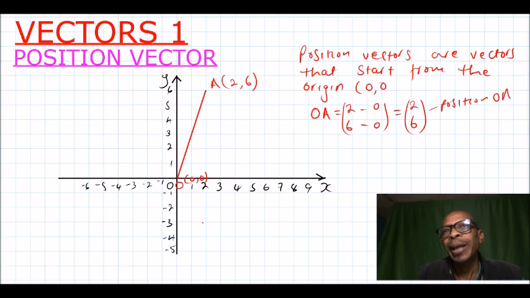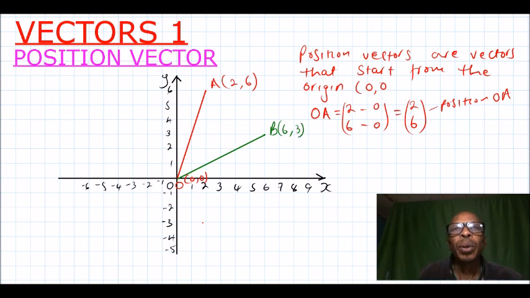If we pick another point, we say this is our B. Then we join the origin to B. The coordinates here are 6 and 3.